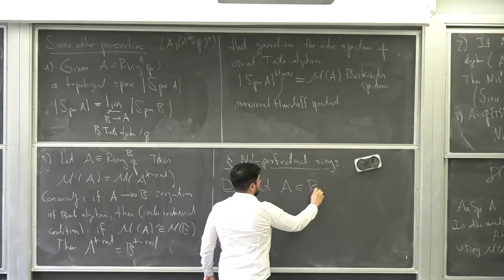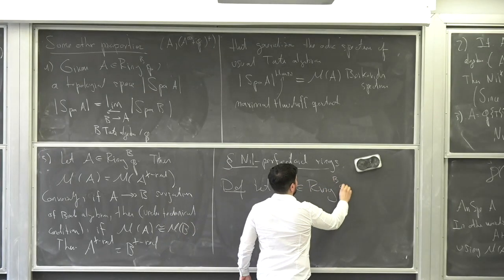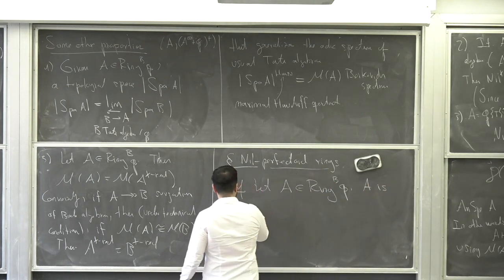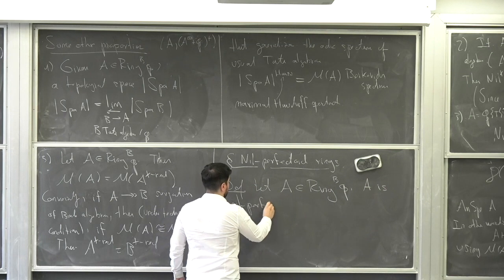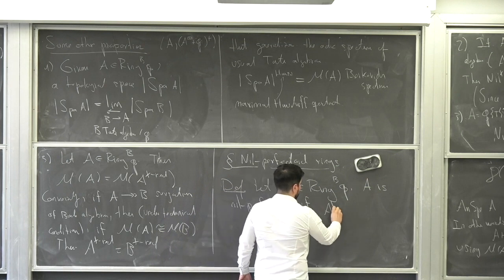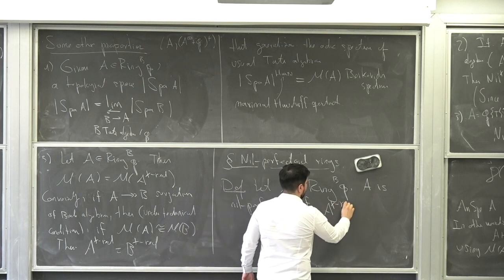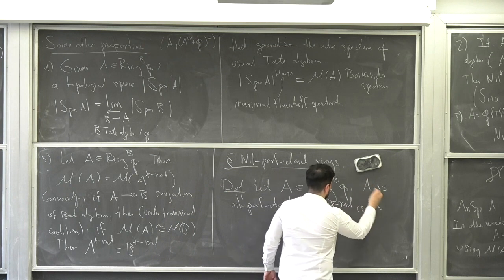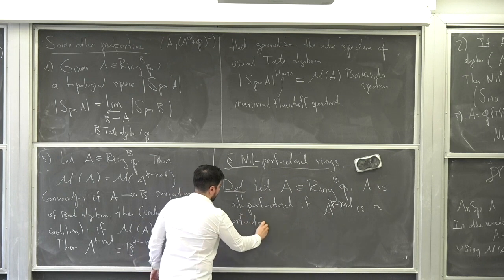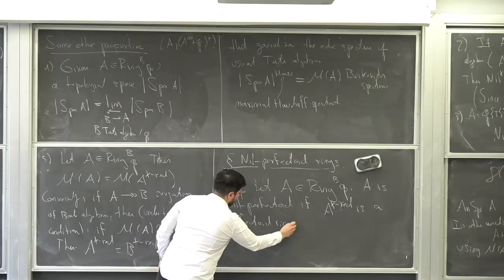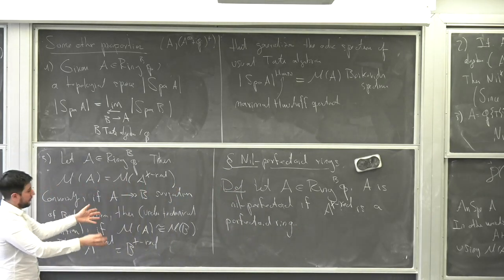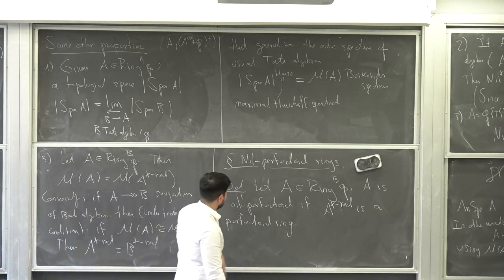So let A be a Q_p algebra. Then we say that A is nil perfected if its reduction is a perfected ring. Basically, we just allow some kind of nilpotent thickenings in this sense.